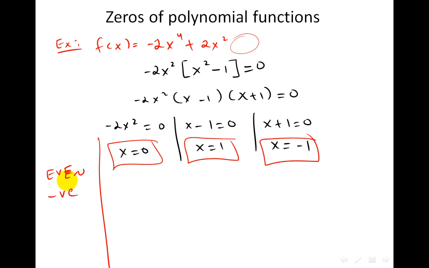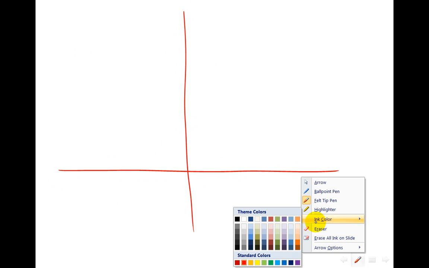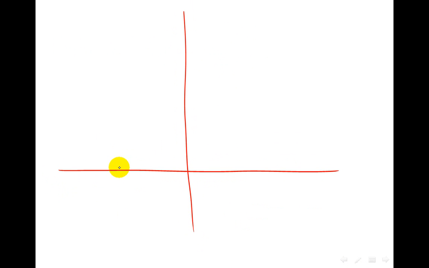These are our x-intercepts, and there is no y-intercept, so we can start sketching. So the graph is going to pass through these 3 points.